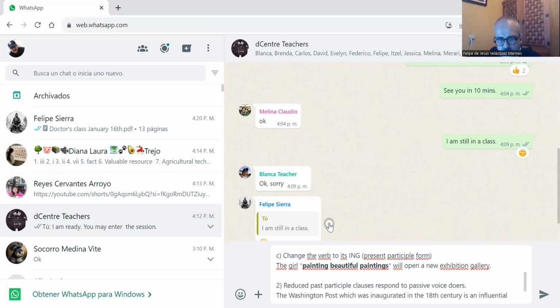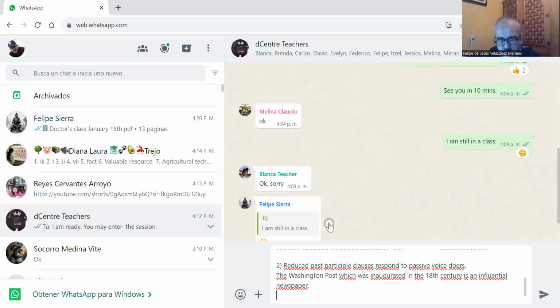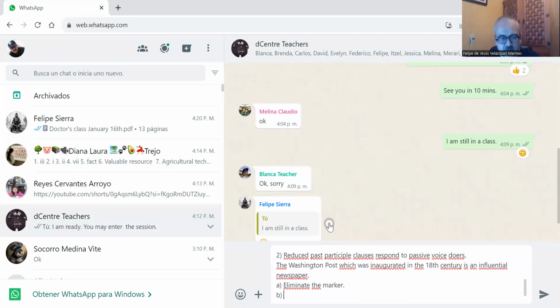Okay, so the Washington Post, which was inaugurated, so it didn't inaugurate itself, in the 18th century. So then we do the same. Eliminate the marker or linker. Then eliminate the auxiliary verb, in this case the verb to be.